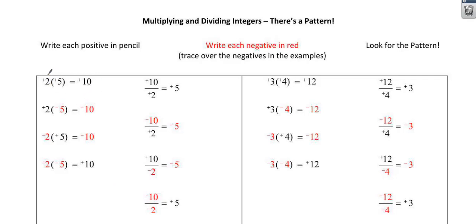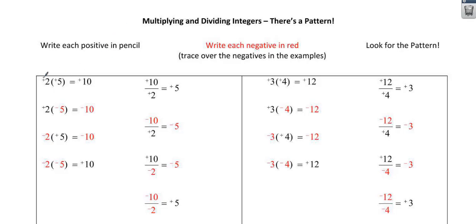By the way, as you go through this sheet, anytime you're writing positives down, you should write them in pencil. And anytime you're writing negatives down, you should write them in red. Could be red pencil, could be red pen. And on the worksheet itself, because I wasn't able to copy it for you in color, when you see a negative, copy over it in red.